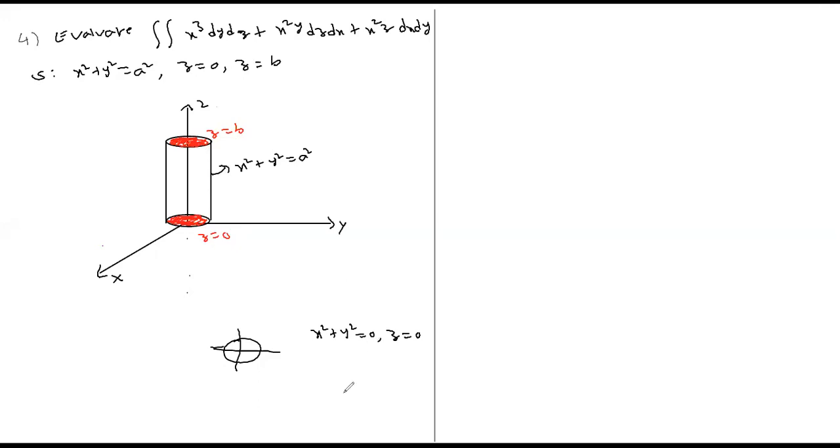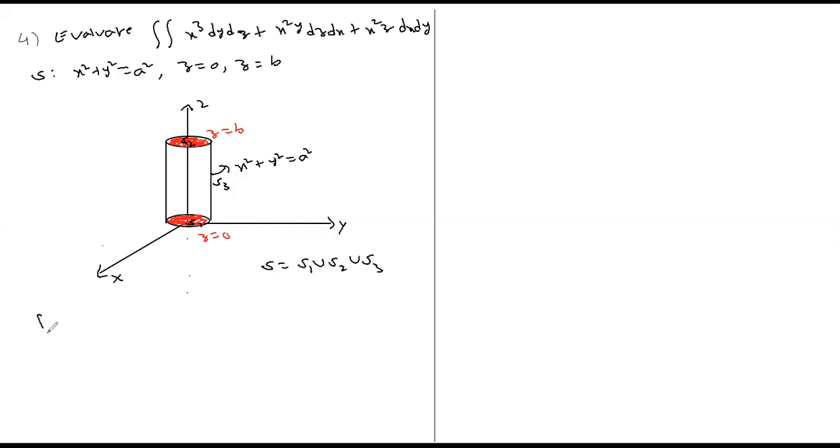So this is a closed surface. You need to evaluate this closed surface, which consists of three smooth surfaces. Let us call them S1, S2, and S3. So your closed surface is the union of S1, S2, and S3.